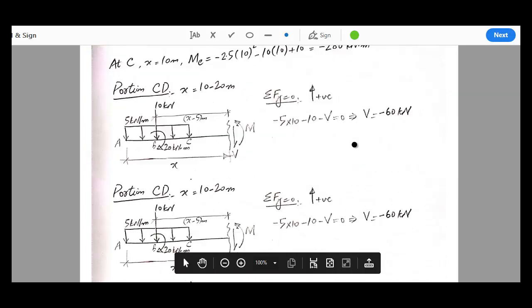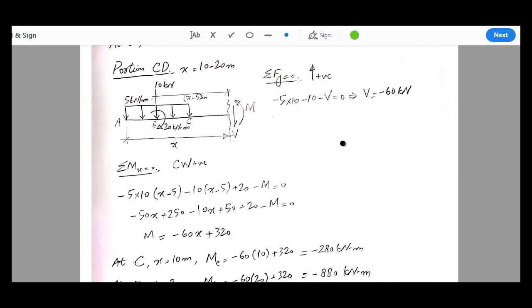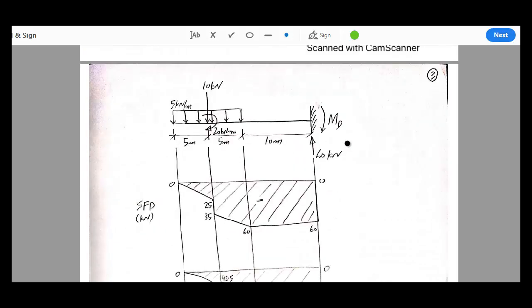Now once we have calculated all these moments and shears for all the points of the beam, the last step is to draw the shear force diagram and bending moment diagram. Here is the beam with all the applied loads and dimensions. I have marked the reactions as well.